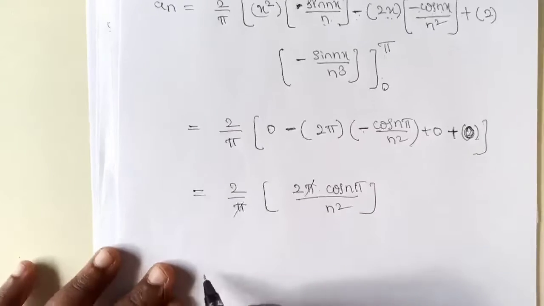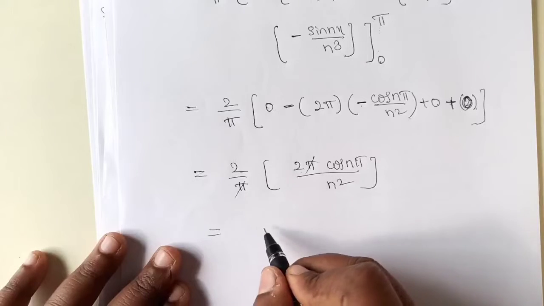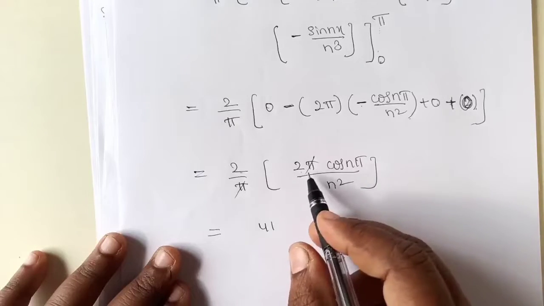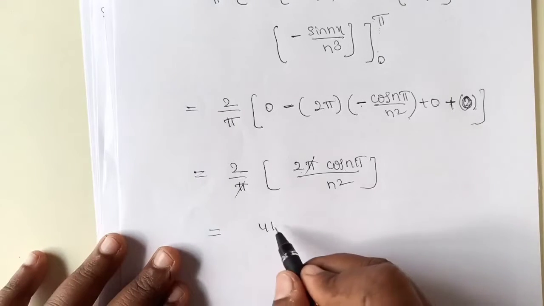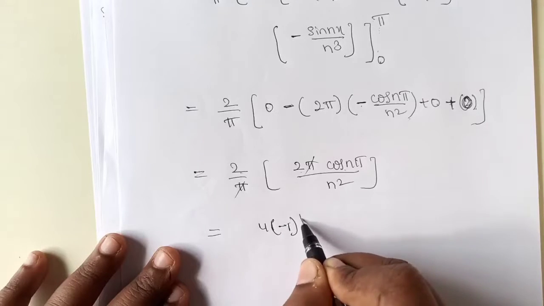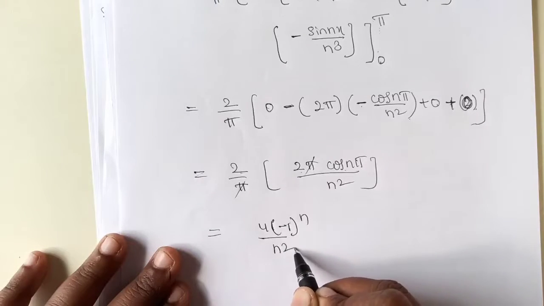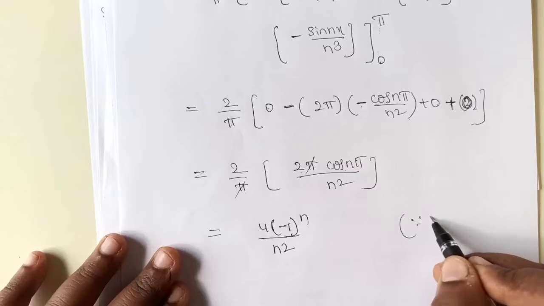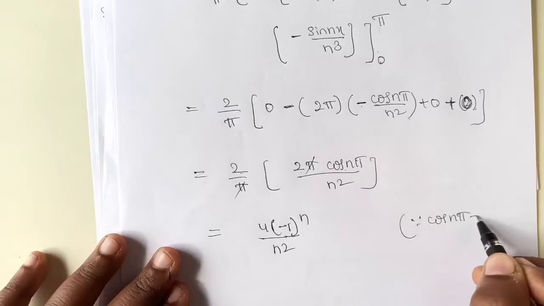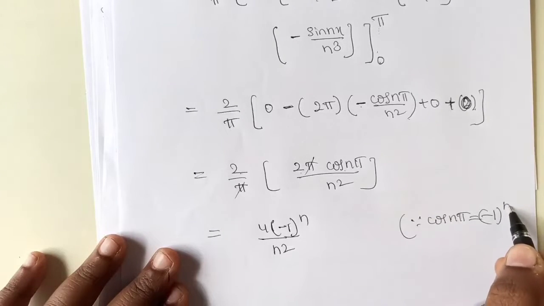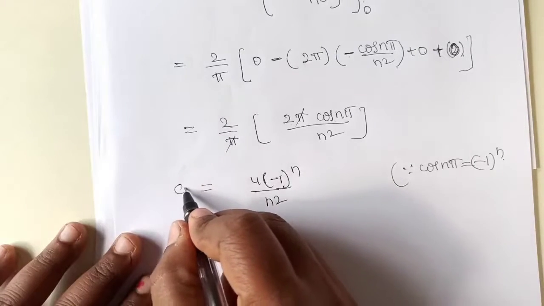This pi cancels, therefore it can be written as 2 into 2 equals 4. Cos n pi value is equal to minus 1 power n divided by n square, since cos n pi is minus 1 power n. So this is the an value.